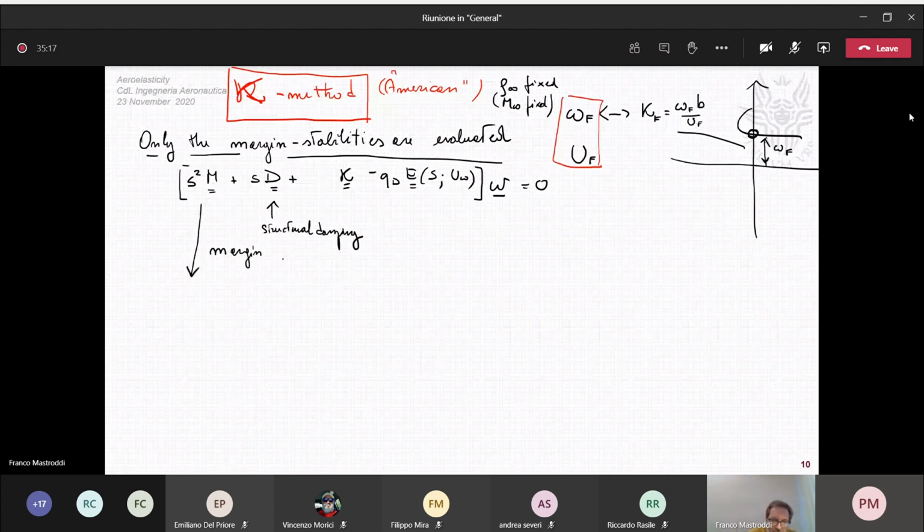you can set S equal to J omega. And therefore you want to directly find your roots along the imaginary axis. So walking just here along this axis, we reduce our equation here.